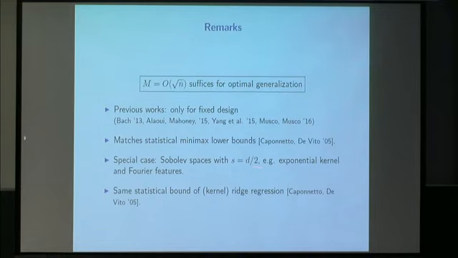For example, if you choose your kernel wisely, you are covering the case of Sobolev space with s slightly bigger than d divided by 2. On this topic, the previous results cover the case of fixed design setting. So this is the first result on random design setting that shows this behavior.